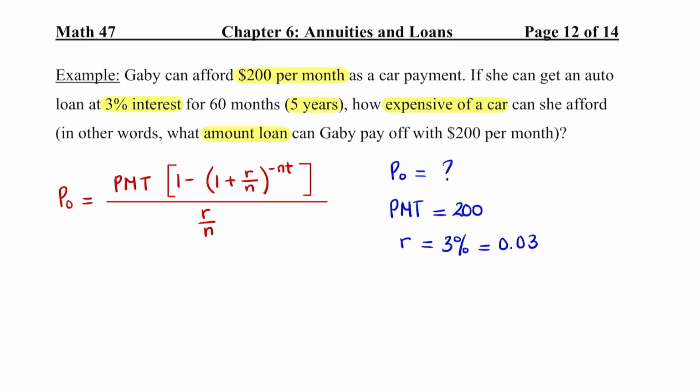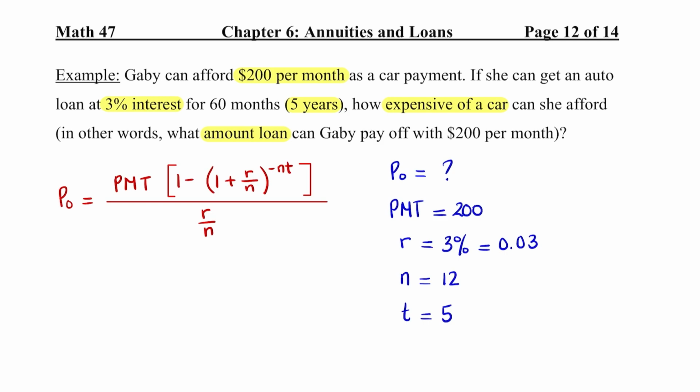So n is 12. T is the number of years we plan to borrow the money, which is 5 years. So be careful. If they give you months, always convert that into years. So 60 divided by 12 is 5 years. We always use the number of years for T.